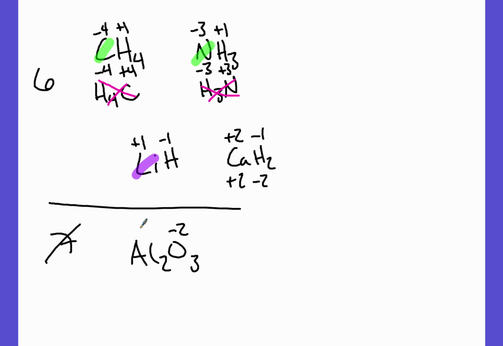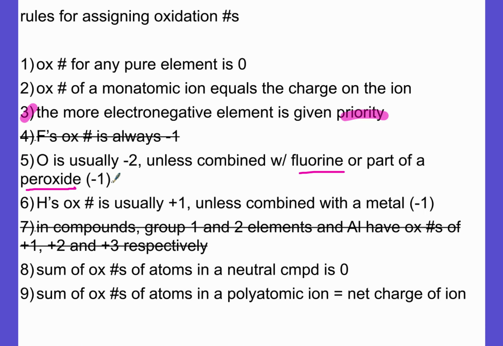Those ions, monatomic ions, their oxidation number is the same as their charge. So if you knew aluminum's charge is +3, then yeah, of course that rule number 7 is true, but we already know this, right? So technically, I would think that rule number 2 covers rule number 7, so I don't think it's necessary.